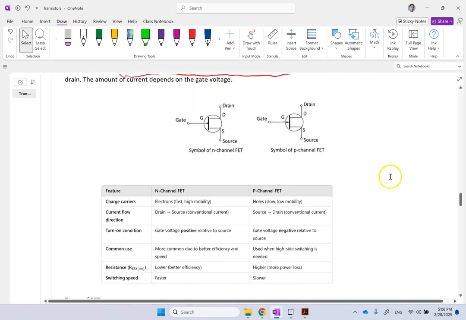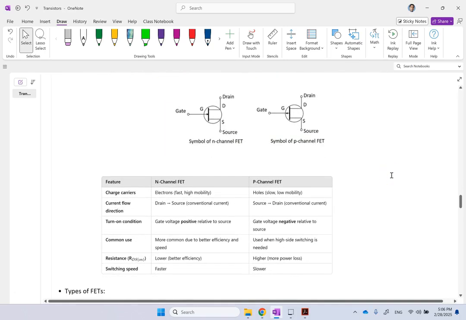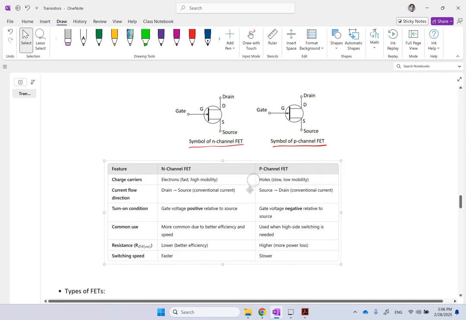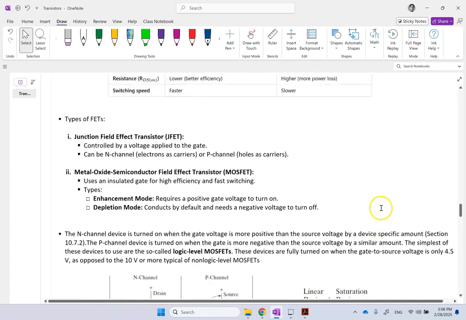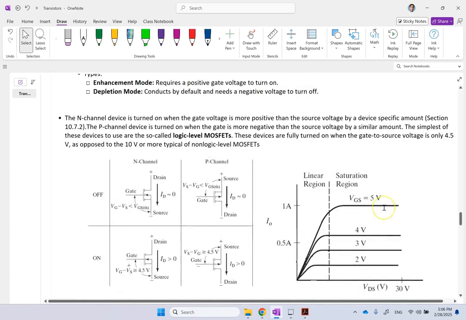And there are two types of them, similar to NPN and PNP BJTs. For FETs, there is N channel and there is P channel FETs, okay? And here I mentioned in this table their differences, and I can go over that, but let me show you here the logic.